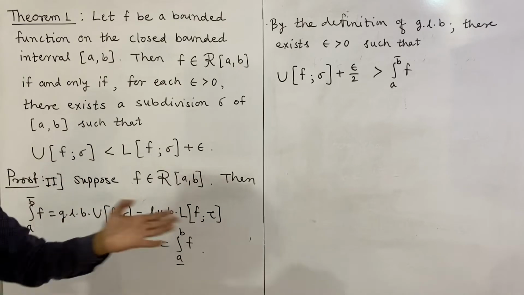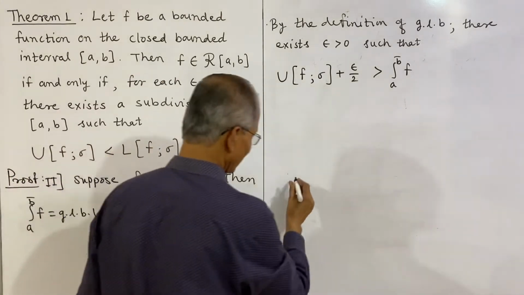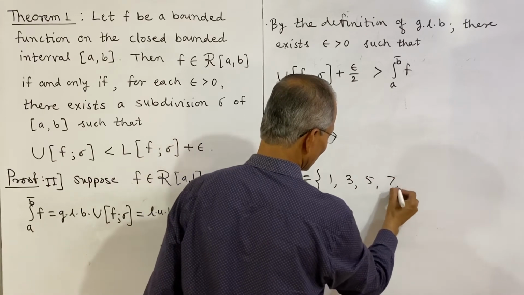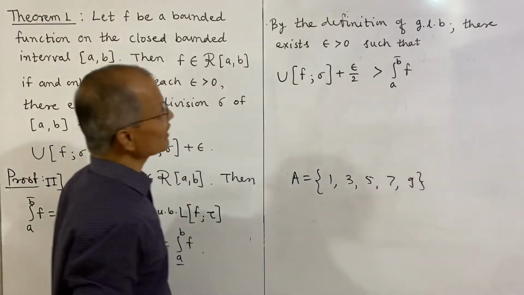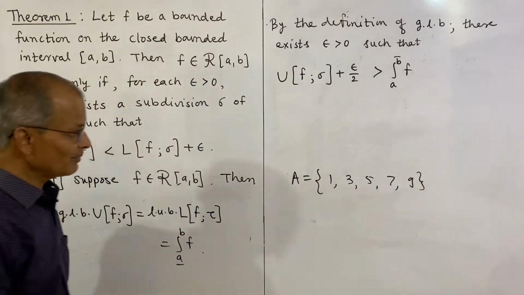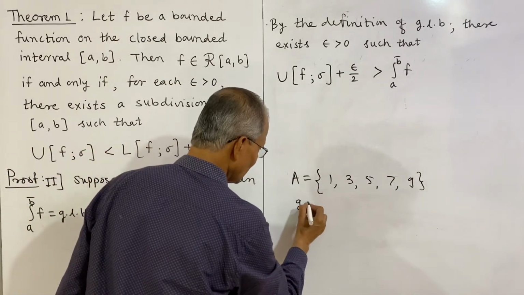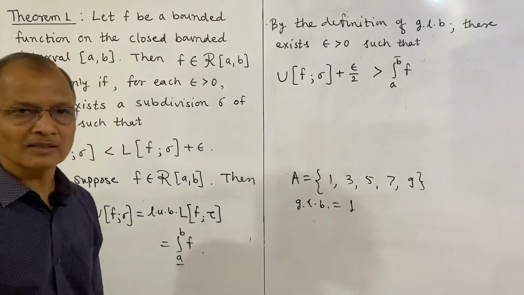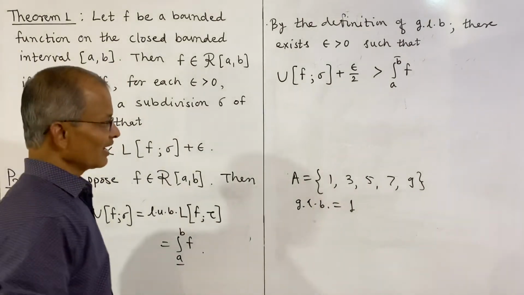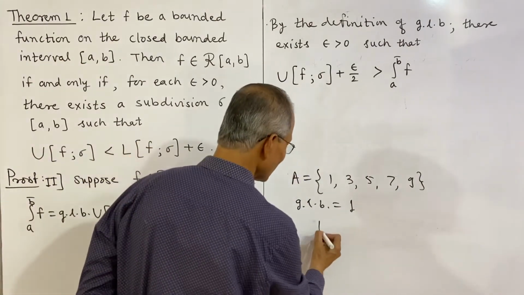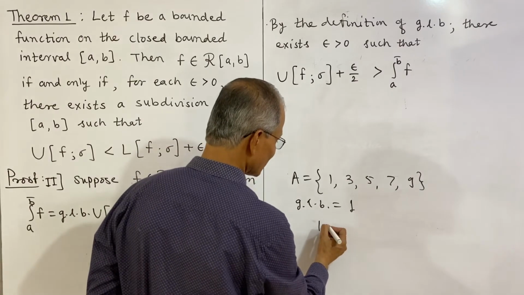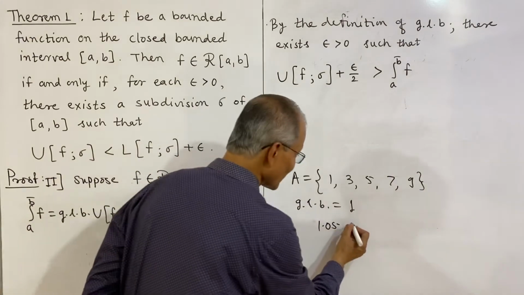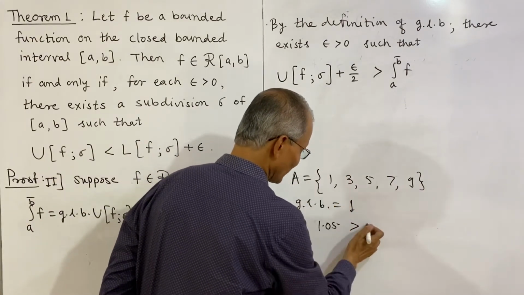Again we can consider the earlier example of the set A. Which set A did we consider? 1, 3, 5, 7, 9. What is the GLB here? GLB is 1. The GLB for A is 1, and if I increase this 1 by a small quantity, epsilon by 2, say epsilon by 2 can be considered as 0.5, then this value becomes greater than a member, that is 1.